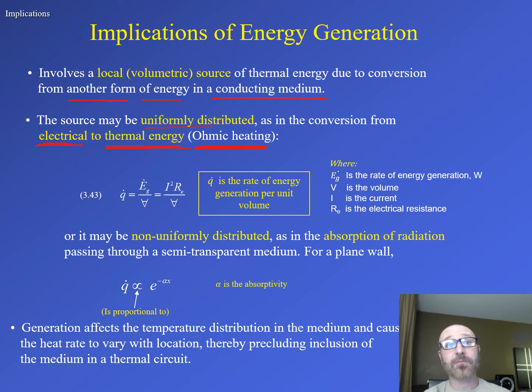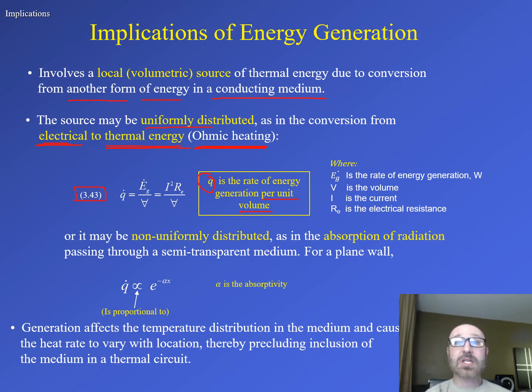Now, if we're talking about the rate of energy generation per unit volume, this is where we have our q dot. We have this from our governing equation 3.43 in our textbook, that our q dot, this rate of energy generation per unit volume, is equal to E sub G dot over our volume.